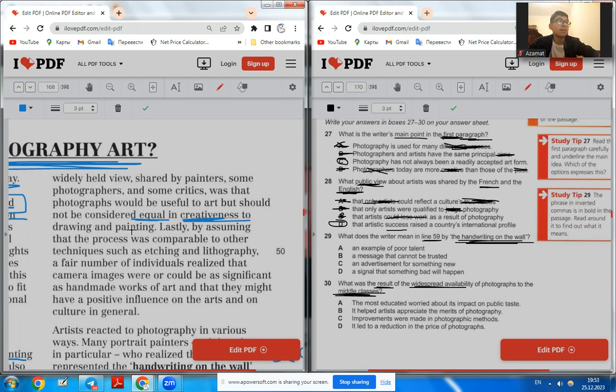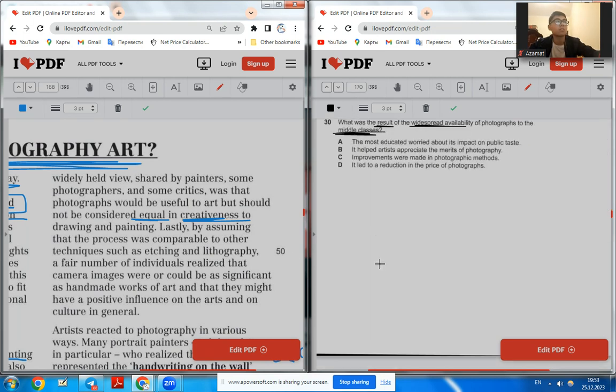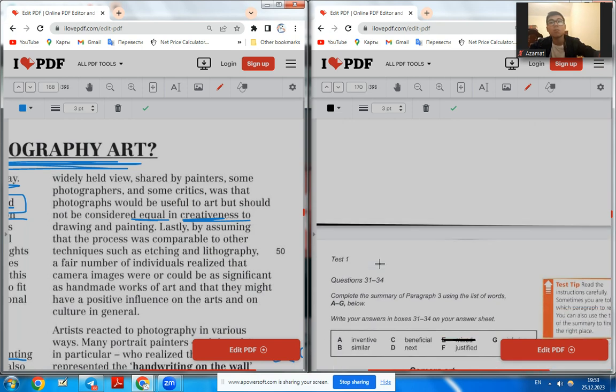So there's also another view that is shared by painters, and that view says that photographs would be useful to art, but they should not be considered as equal in creativeness, right? That means that photographs are not created with creativeness. Creativeness is not a skill required for photographers.